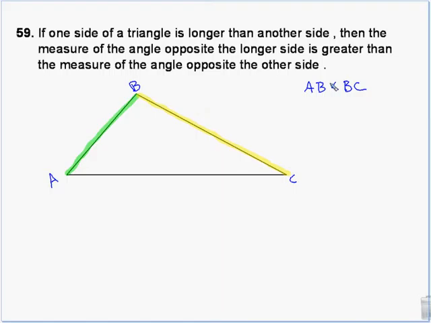Well, if I look at the angles across, the angle across from BC is angle A. And the angle across from AB is angle C.